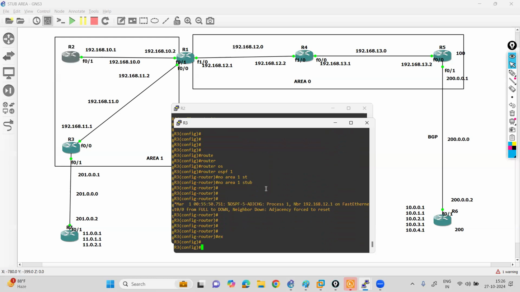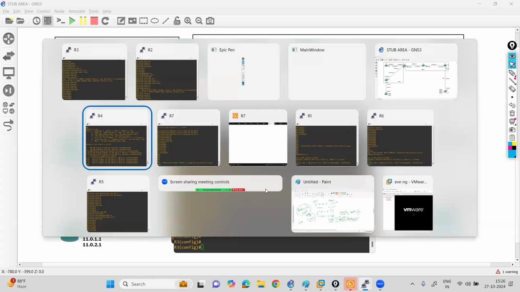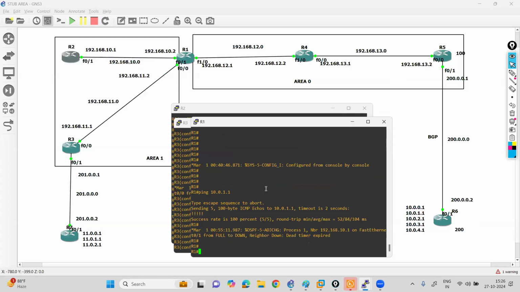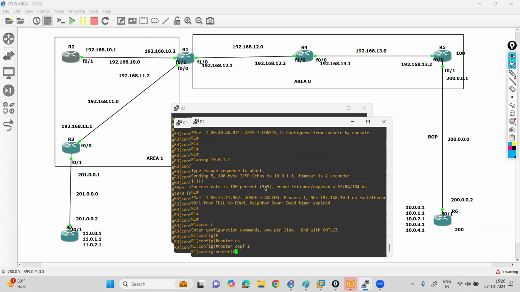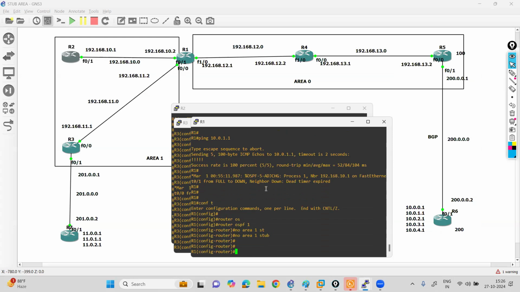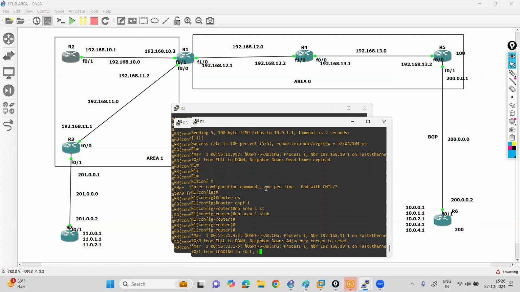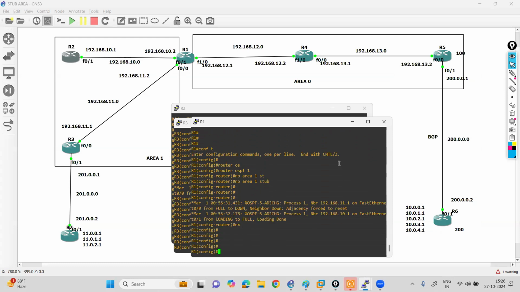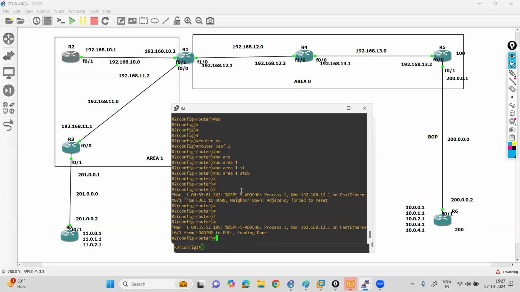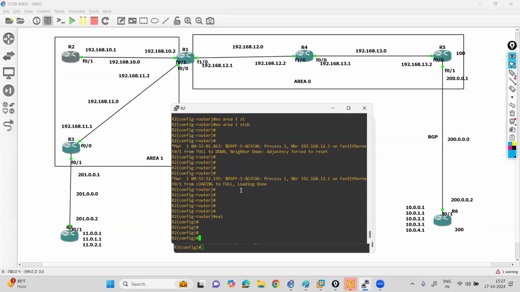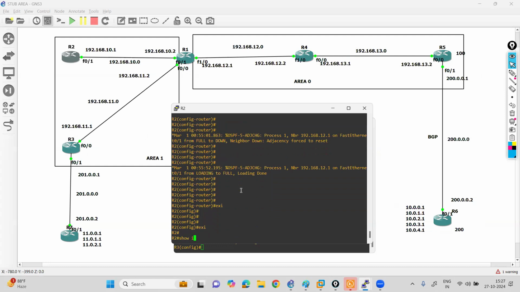Let's go to router number 1 now and do the same configuration. Configure terminal, router OSPF 1, no area 1 stub. That's it. Now let's go to router number 2 and put the command show IP route.